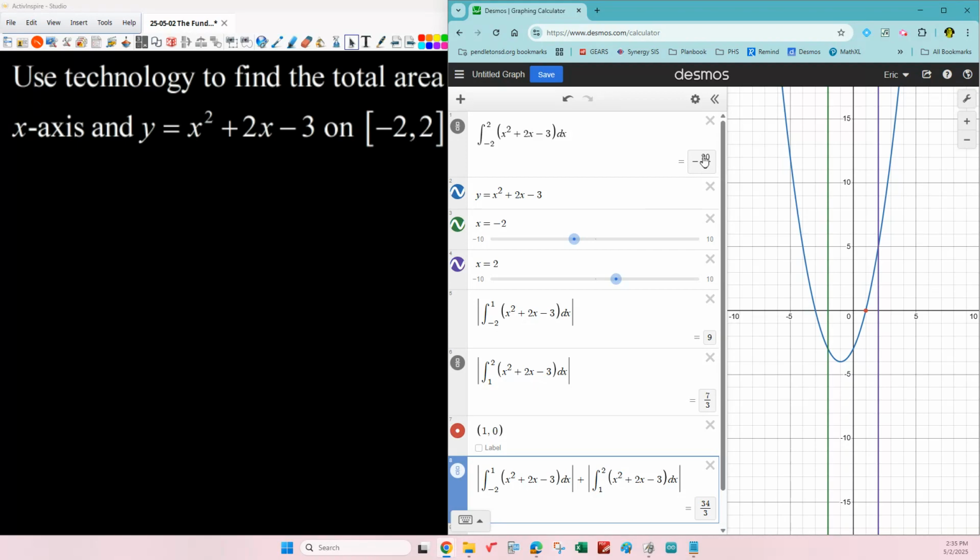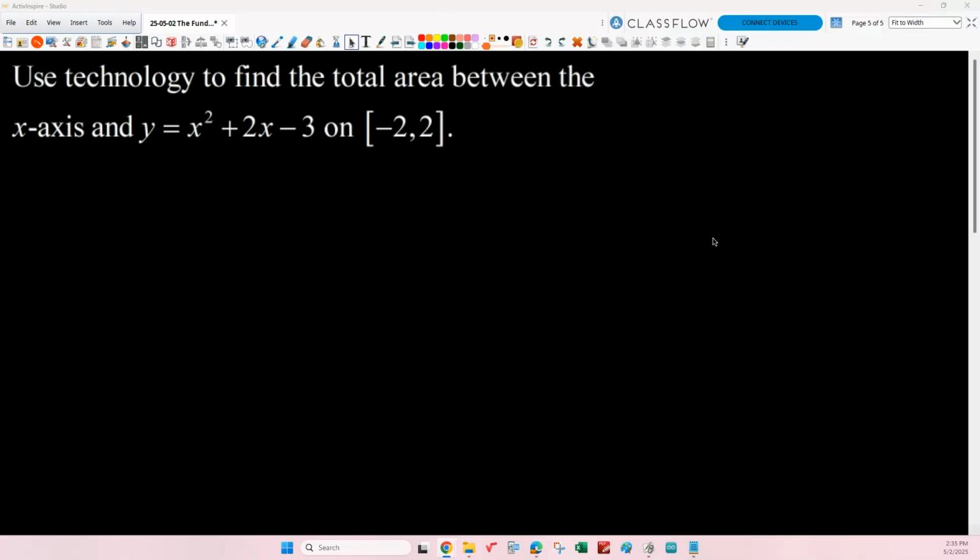So how would we do that without a graph? This is the stuff we're going to talk about tomorrow. How do we do that without a graph? Well, we'd have to figure out where the x-intercepts of this function are. So we'd set x squared plus 2x minus 3 equal to 0. We'd factor that, and what would we get?